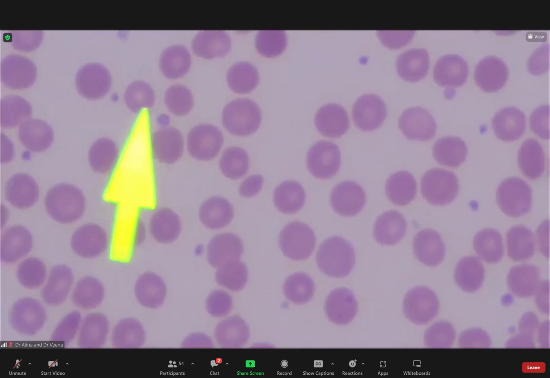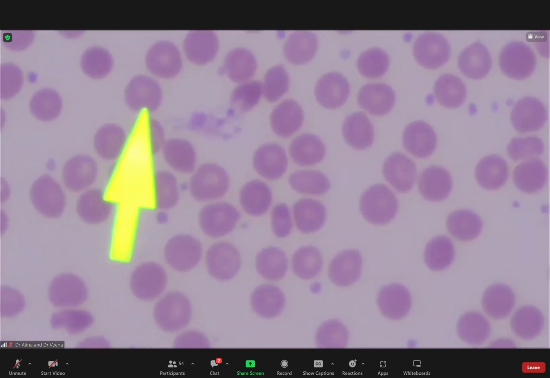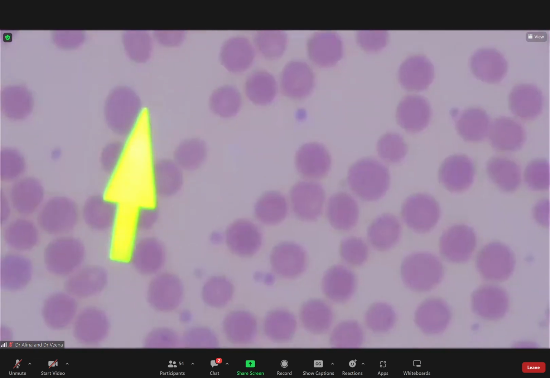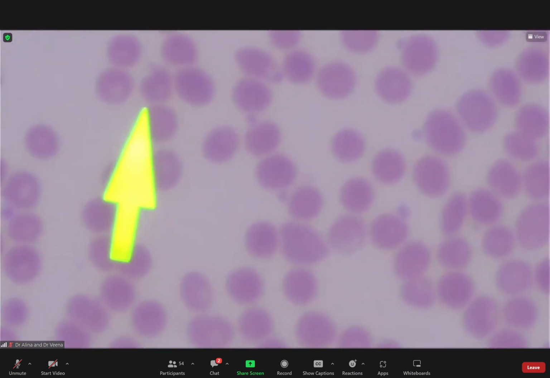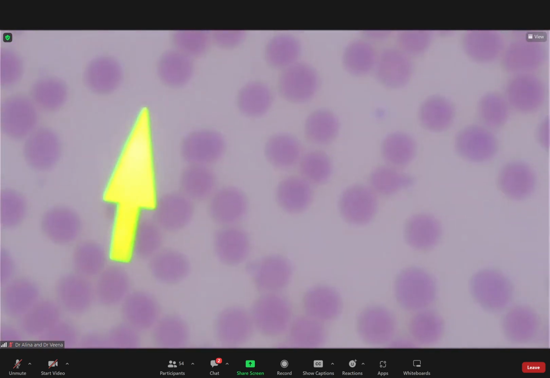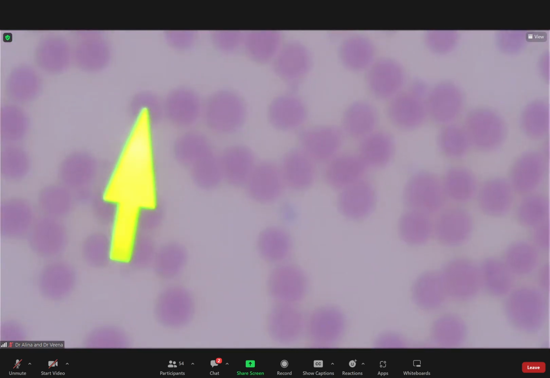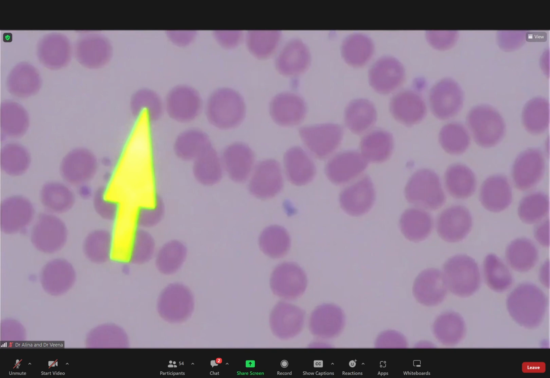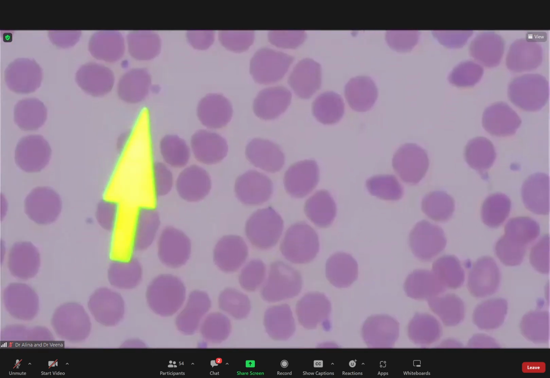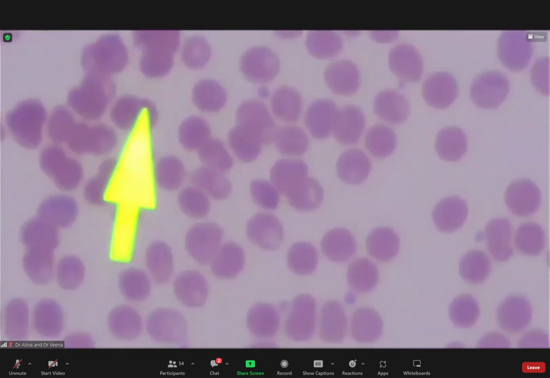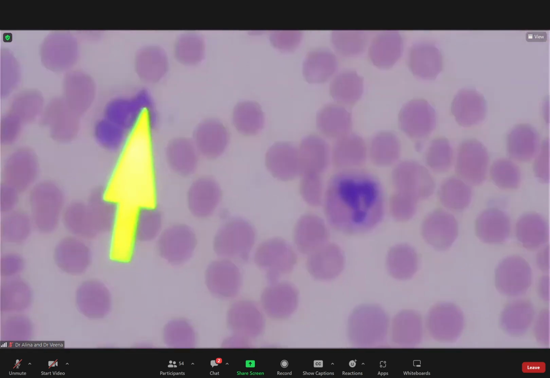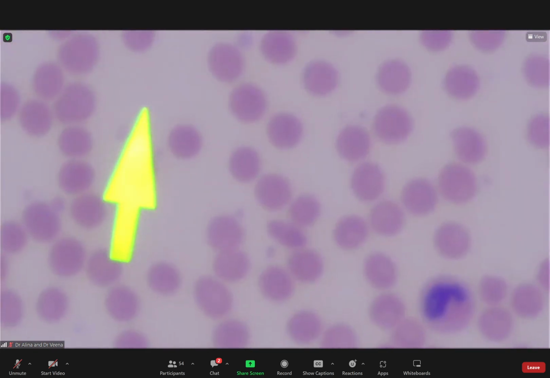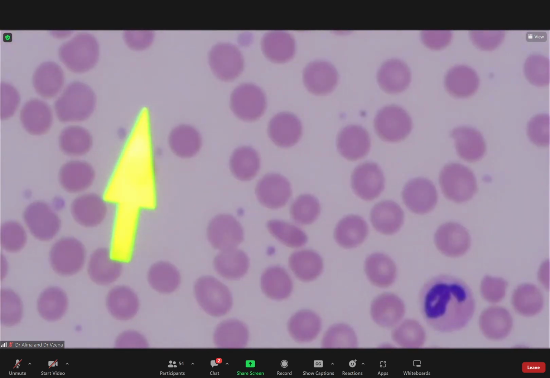If you look at every field, you will see boat-shaped cells. So what would be your diagnosis? How would you further investigate for sickle cell anemia? Family screening and what? HB analysis, okay?